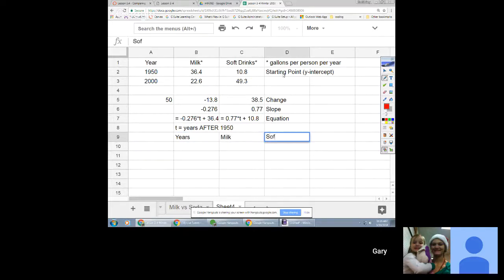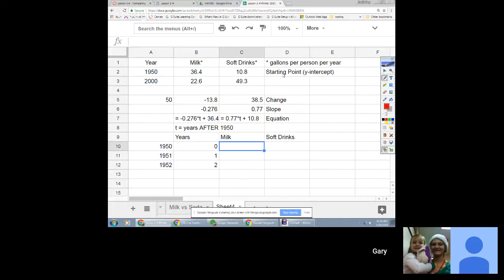I'm going to make a new table. So year 0, year 1, and year 2. So that would represent 1950, 1951 and 1952.